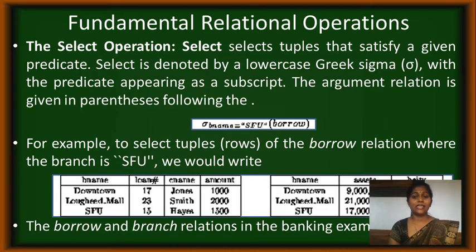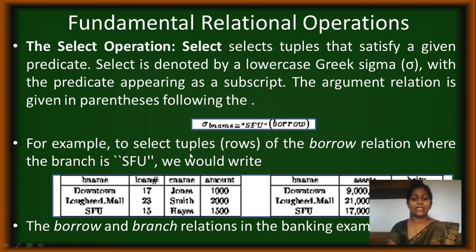The select operation selects the tuples that satisfy a given predicate, and select is denoted by the lowercase Greek sigma symbol, with the predicate appearing as a subscript. The argument relation is given in parentheses, as shown in the following.